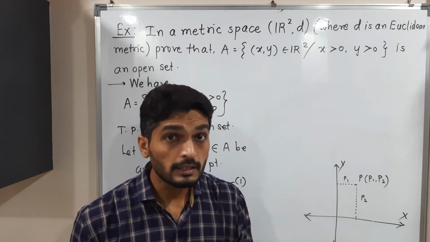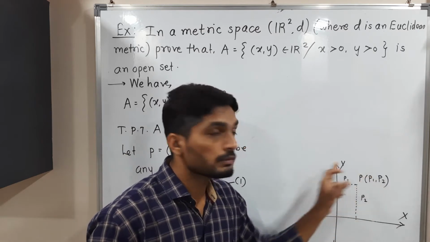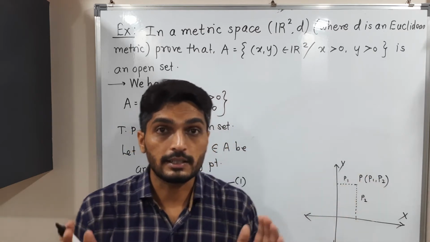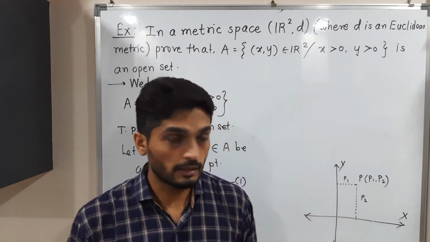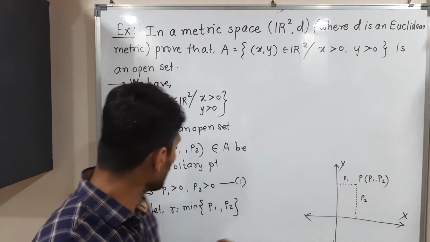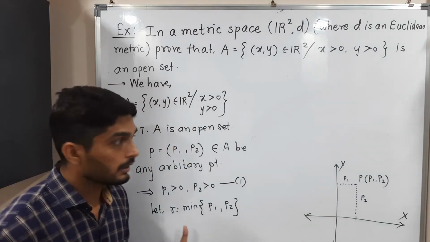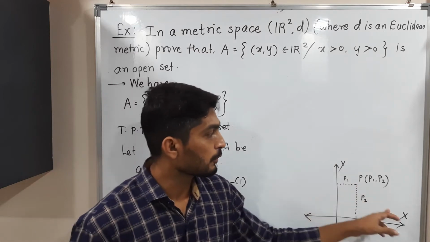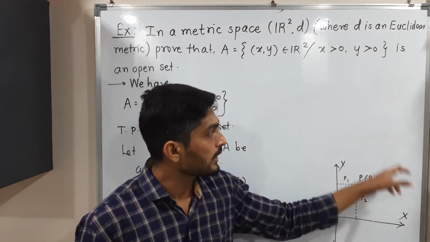My target is to draw an open ball around P which will entirely lie inside the set, that means entirely in the first quadrant only. In the diagram you can easily see the minimum value is P1, so that will be my R. But it is not fixed. If your point P is here, in that case P2 can be the minimum. So the point can be anywhere.